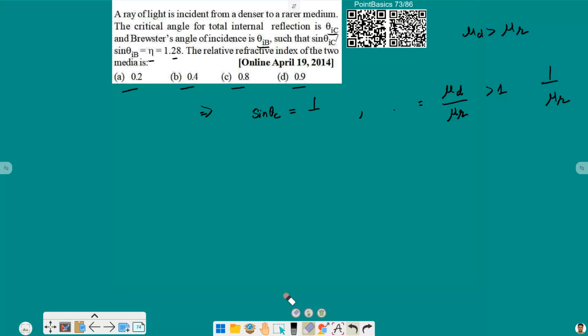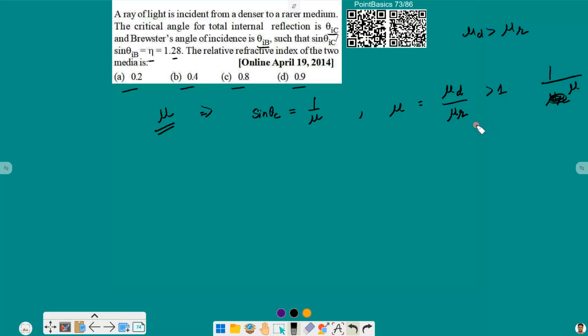Our relative refractive index is mu, and then sine of theta c will be 1 by mu, and mu is mu denser by mu rarer, and that will be greater than 1, and all of our answers are less than 1, so actually we have to calculate 1 by mu. That will be the relative refractive index of the rarer with respect to denser. So first we will calculate mu, and then we will find out 1 by mu.